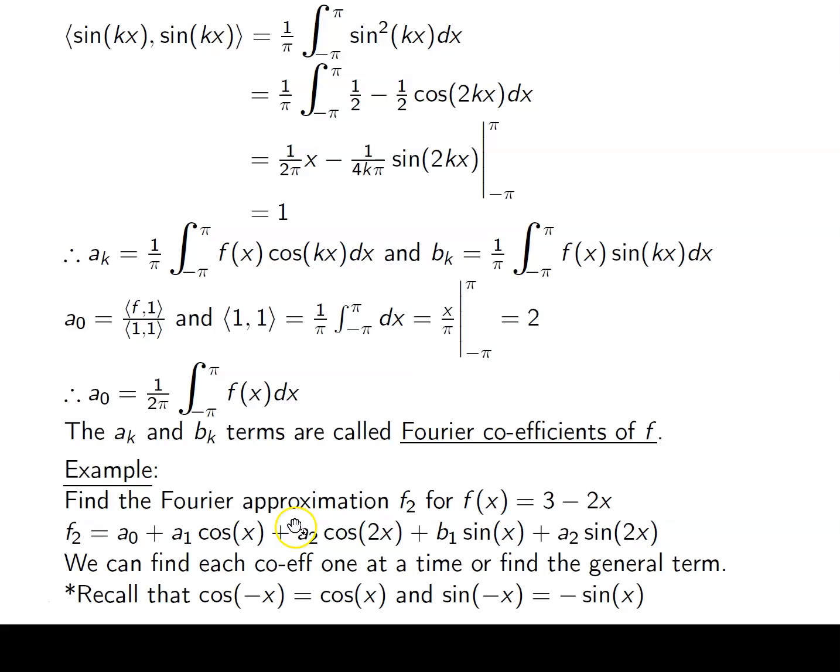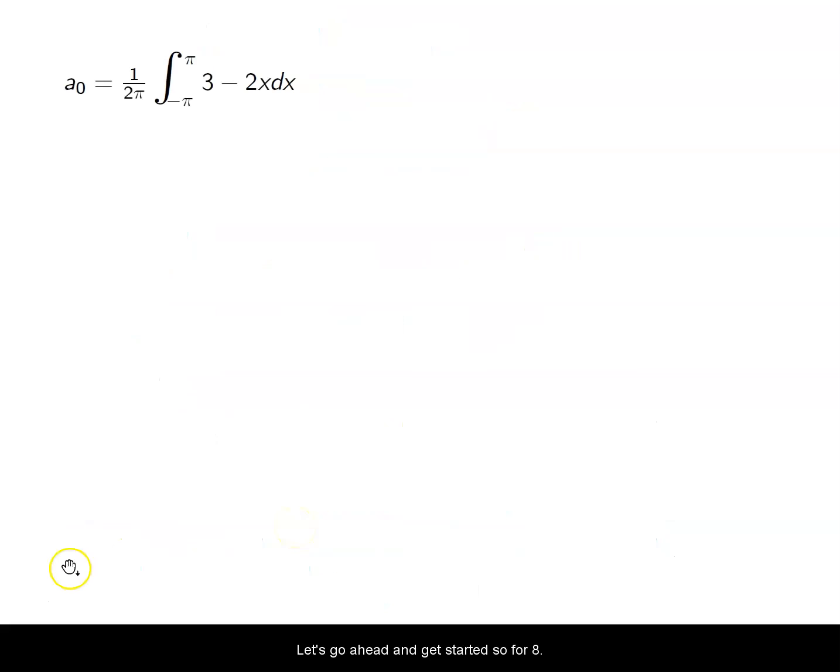So let's go ahead and get started. For a0, it's 1 over 2 pi times the integral from negative pi to pi of f of x with respect to x. So this turns into 3x, and this turns into 1/2 times x squared times the 2, so that will cancel. And then you have this 1 over 2 pi term on the outside, and then we evaluate that from negative pi to pi.